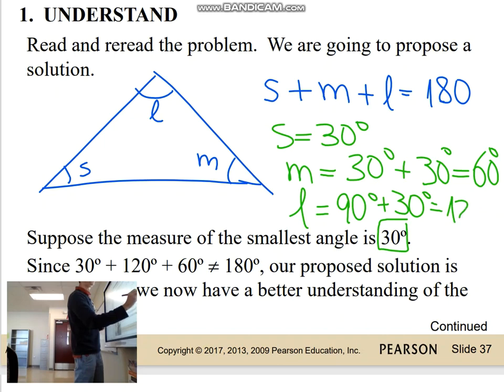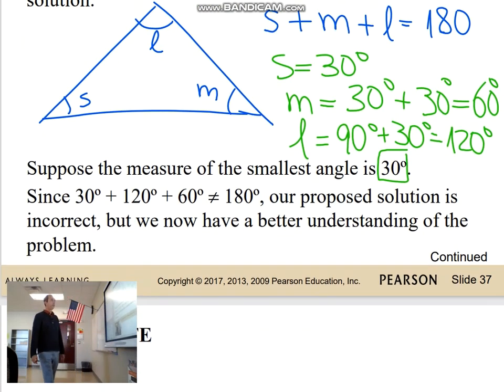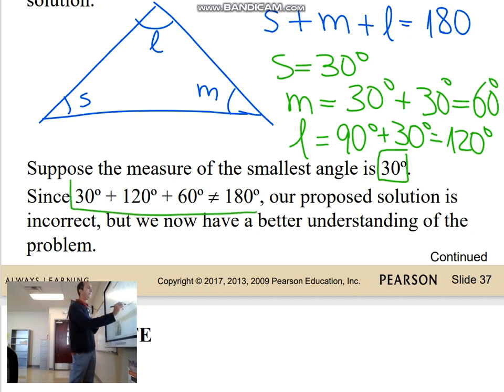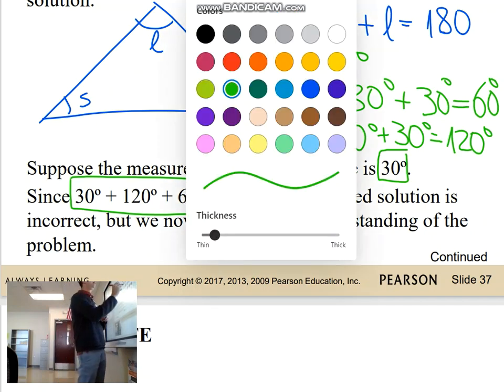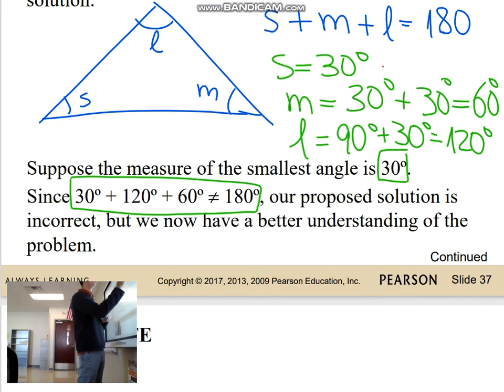This is 120. Well, if we add 30 with 60 with 120, this is definitely going to be much more than 180 degrees. That means this guess here is wrong.